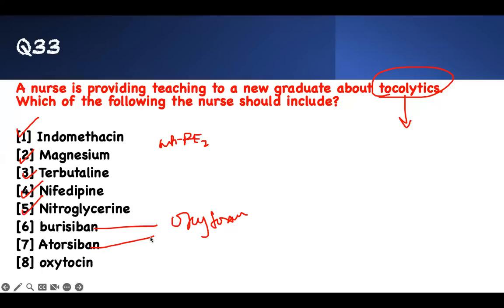They have the last name siban, barusiban. They bind to it and they block it. So those ones are good. This does not slow down the uterus. The contraction is speeded up. So this one is wrong. All of them except oxytocin is the right answer.